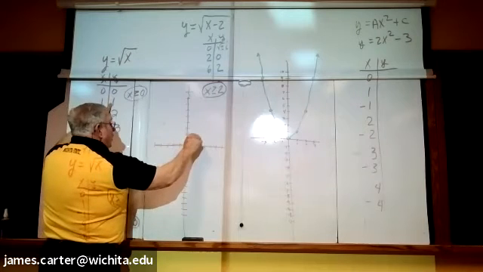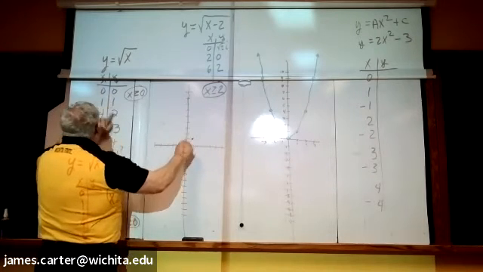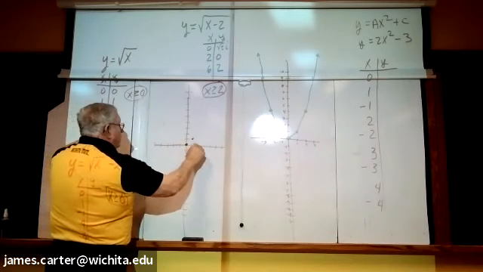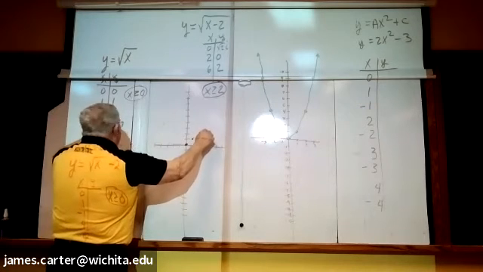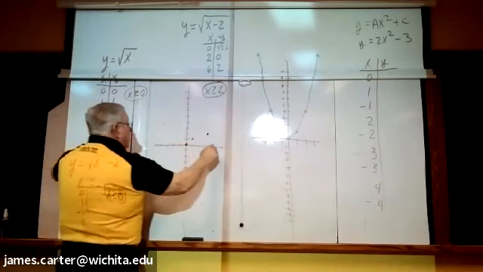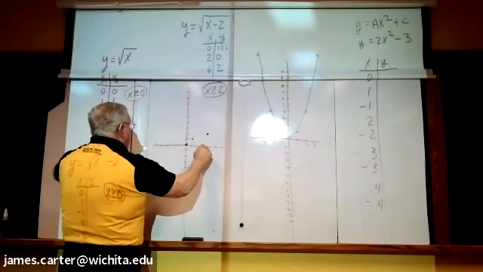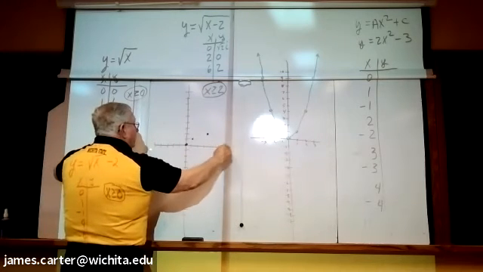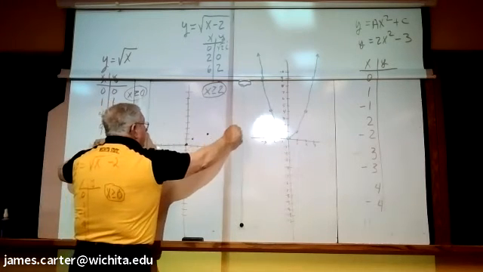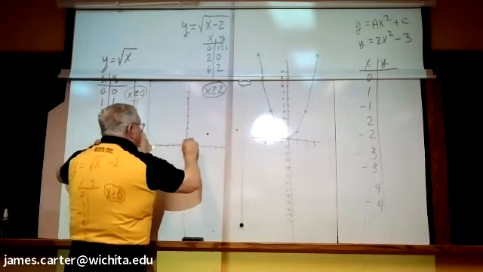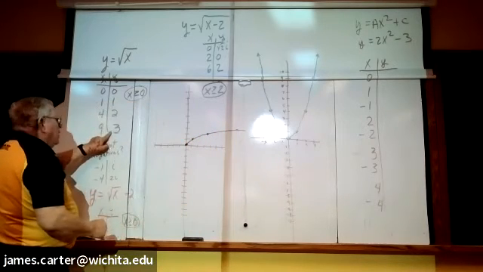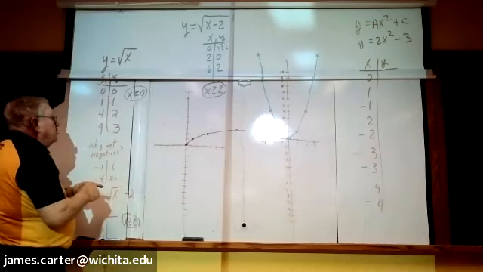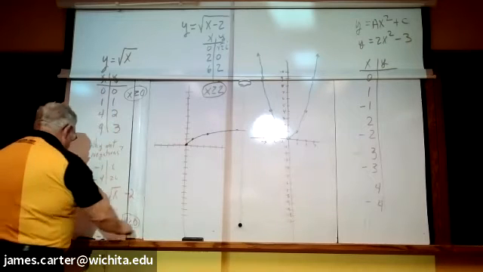We got the point 1, 1. We got the point 4, 2. We've got the point 9, 3, which is out here somewhere. And this thing's going to go out like that. Okay, that's what we would expect with the square root of x graph.